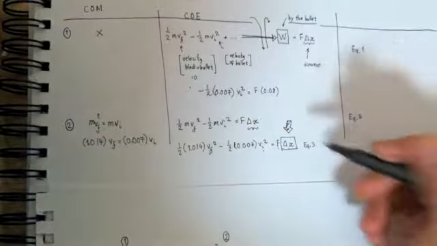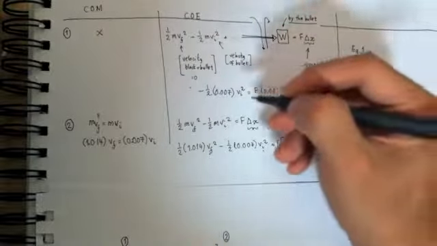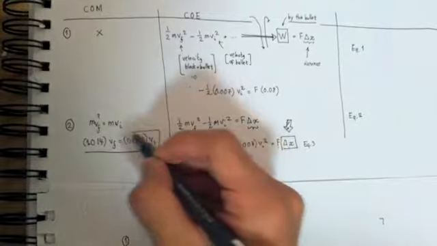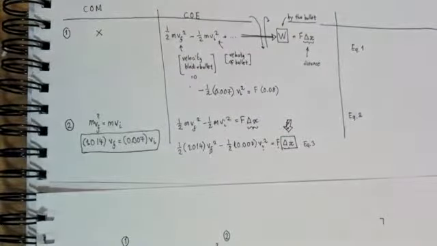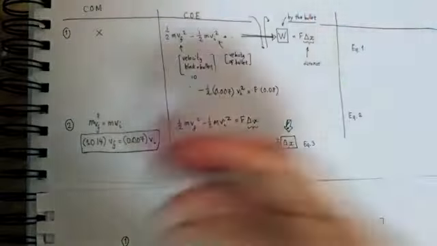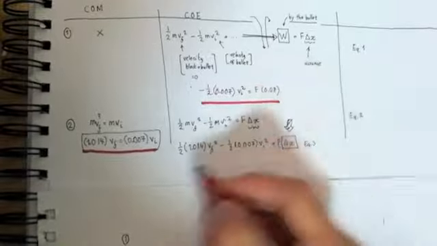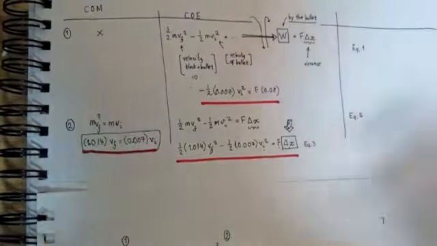Right, so if we look at this one, let me try to use a different colored pen. But if we look at our equations here, 1, 2, and 3, there's a little trick.